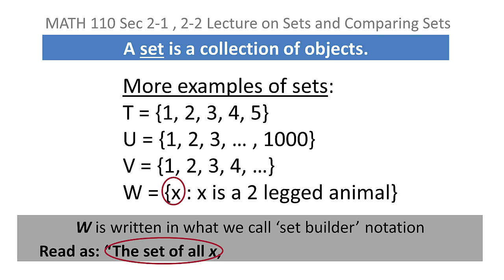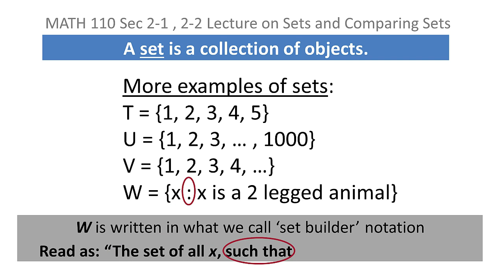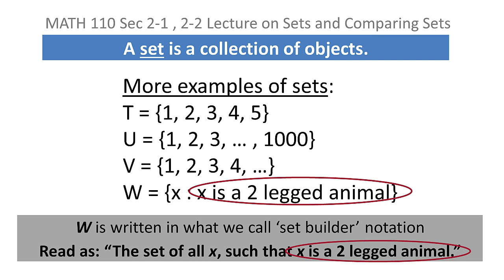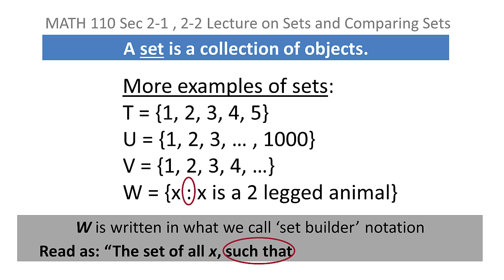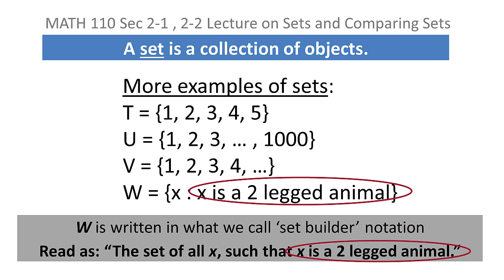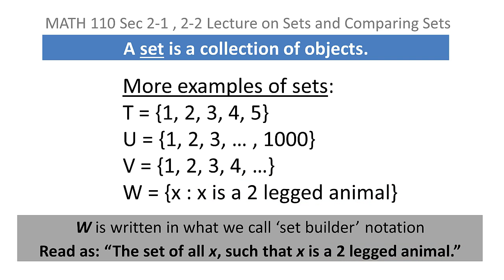I would read this as the set of all x. The colon is read as such that. So the set of all x such that, and then the description follows, such that x is a two-legged animal. So I would say W is the set of all x such that x is a two-legged animal. And all I'm saying here is that W is the set of all two-legged animals. That's called set builder notation.